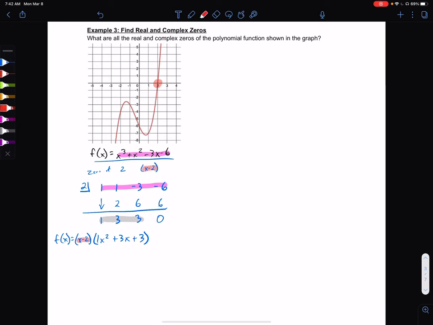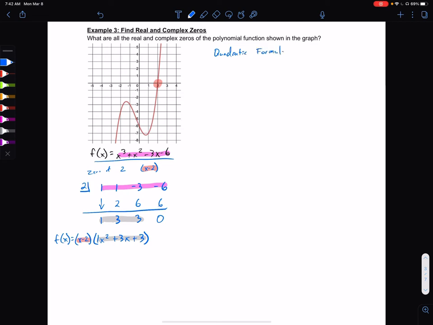So that's going to go here. And then we have this x squared plus 3x plus 3. Now, unfortunately, that is not factorable. So I do need to find the zeros, but I can't factor it, so I can't find the zeros that way. I'm going to have to use the quadratic formula.